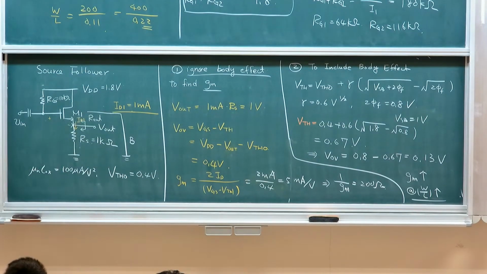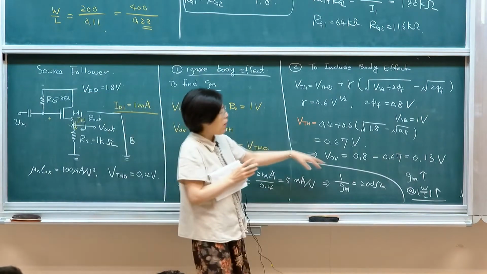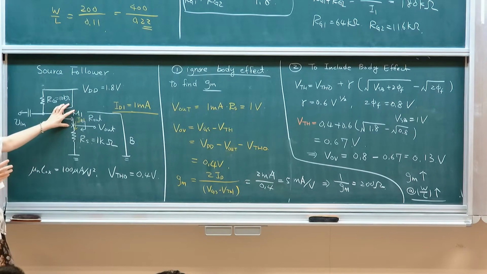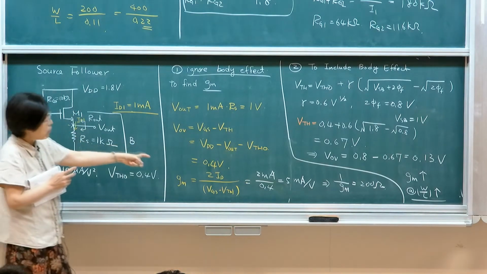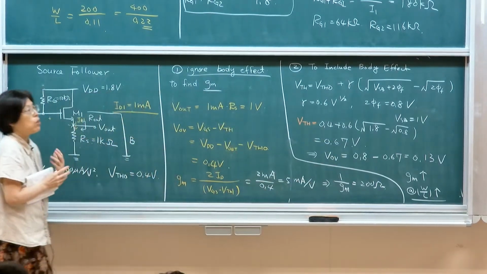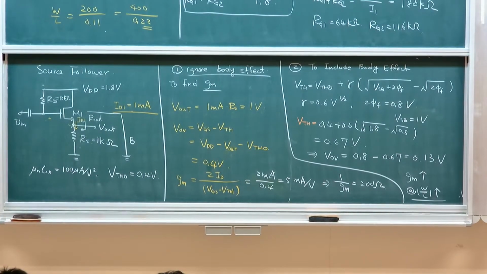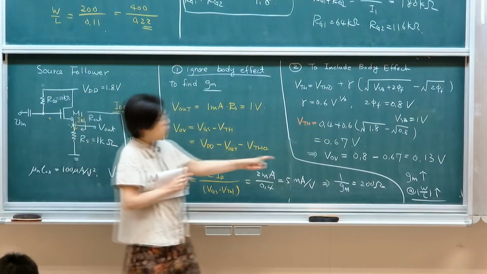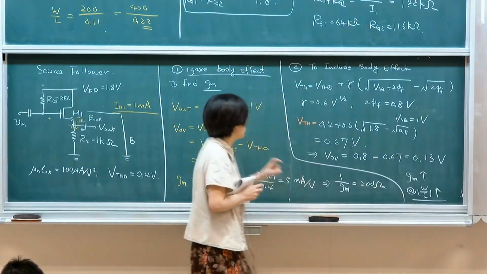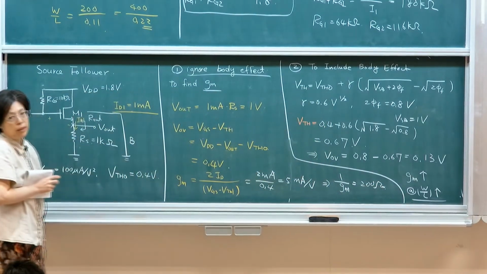So including body effect, you would need much larger transistors in order to meet the same results. That's the main difference: your overdrive will be less, causing you to increase your W over L to make sure the current level is the same.